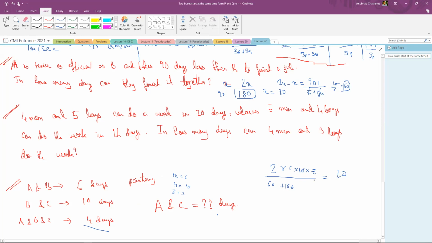So 10 cancels out. You have 12Z equals 60 plus 16Z. Hey, what happened? Did I do something wrong?